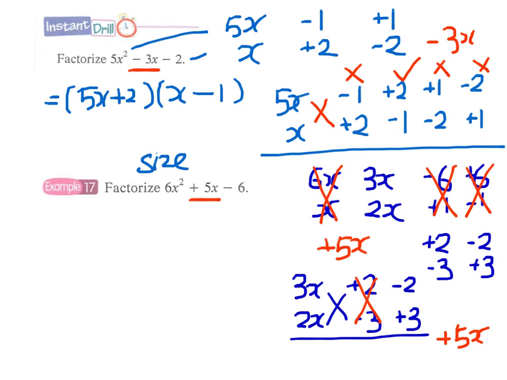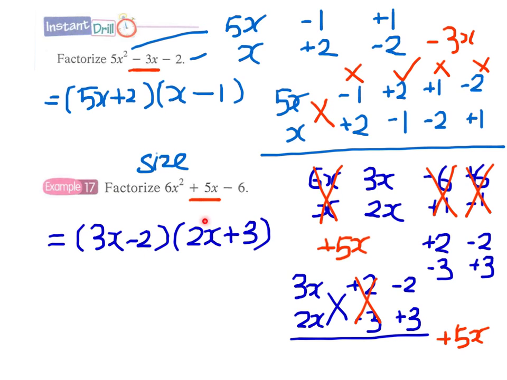And therefore, we come up with the correct pair of factors. And now we can write down our answer as 3x minus 2 times 2x plus 3. And finally, the checking of the answer is left to you as an exercise.